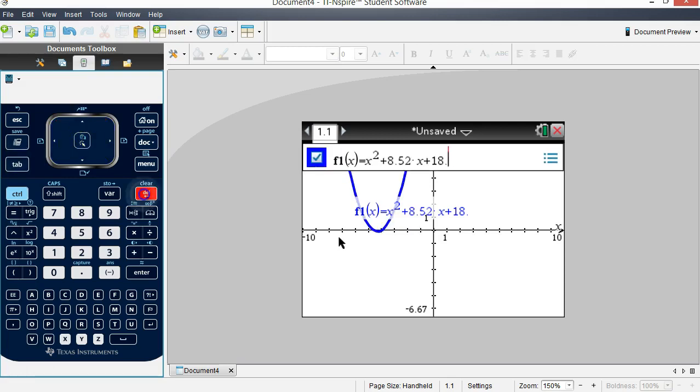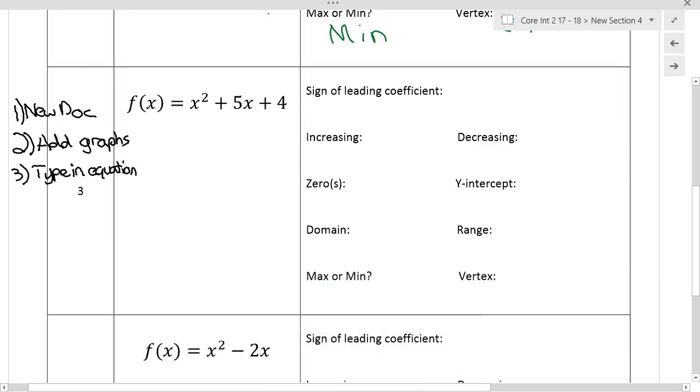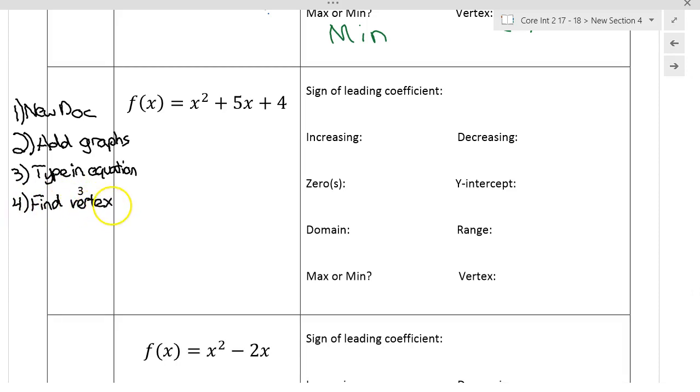I moved my graph, sorry. Sorry, the touch screen will move it. So my vertex. In order to find my vertex, it's under menu, and then 6, which is analyze graph, and then it's either 3 or 2.